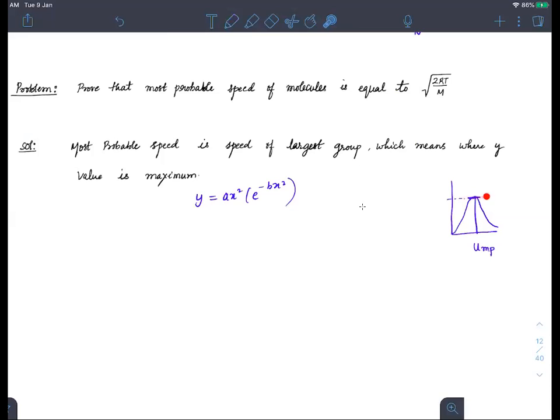So at this point, the first differentiation will be 0. At maxima, the derivative will be 0. So you differentiate this. On differentiating, we get something like this. dy by dx is equal to exponential of minus bx square into 2ax plus ax square exponential of minus bx square into minus 2bx is equal to 0.